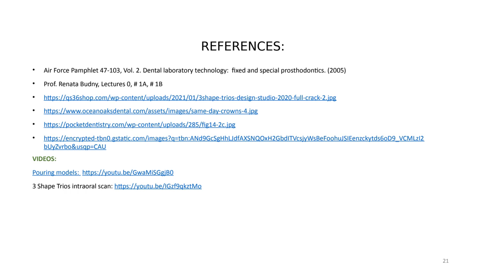Once the case comes to us, we have to disinfect it, pour up the impression using the stone recommended for that type of procedure, and read and understand how the stone should be mixed using the manufacturer's instructions.